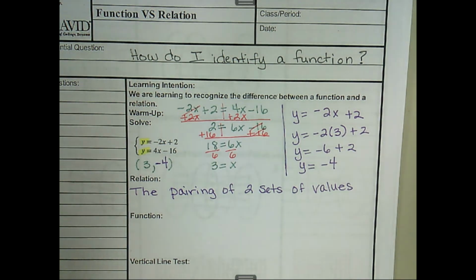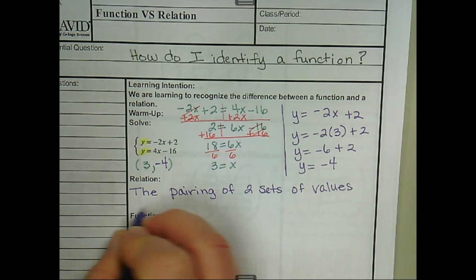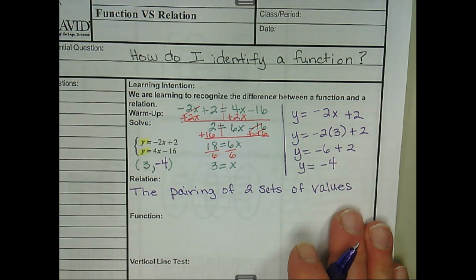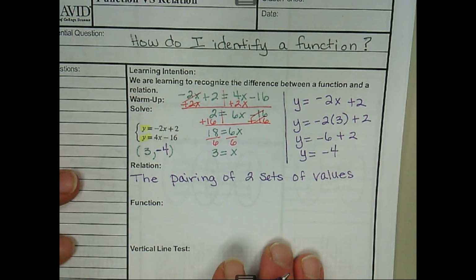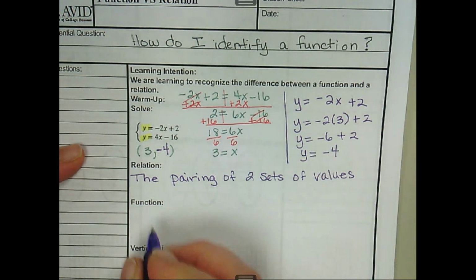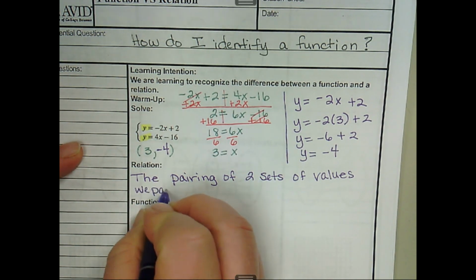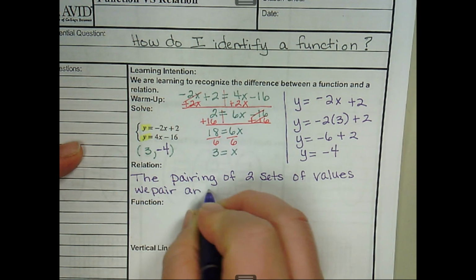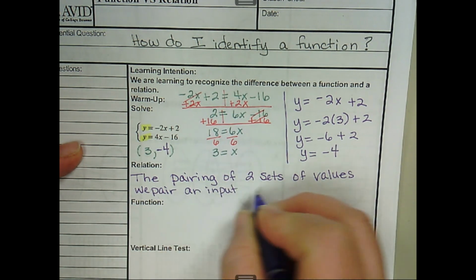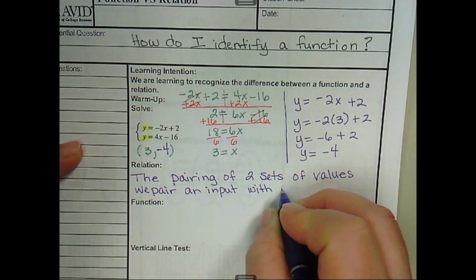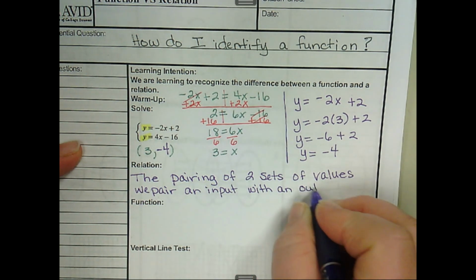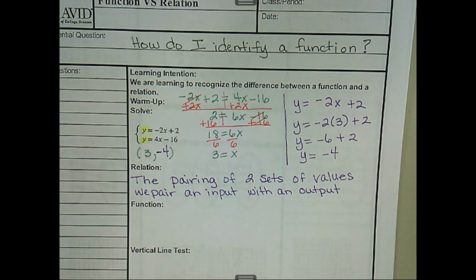We're just taking two different sets of values and putting them together. We take one set of values as the input and one set of values is the output. So each input gets paired with an output.